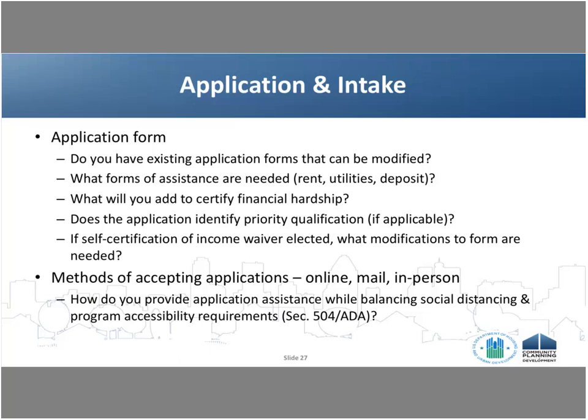So you have to think about not only the social distancing aspects of this, but how will you provide application accessibility and assistance to those who are protected under Section 504 and the Americans with Disabilities Act. What different formats will you make the application available in? How will you provide assistance to people that are not able to submit during your usual application submission requirements?